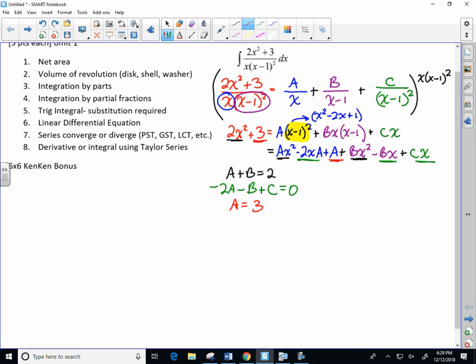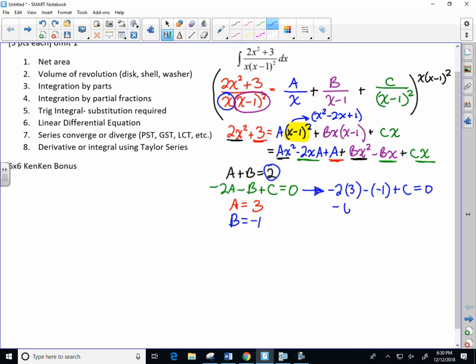All right, so you could use the calculator for this, but it's pretty much solved because we discovered that the A value is equal to 3, which means the B value has to be equal to negative 1 if you're going to get to a 2. So then it really is just a matter of evaluating this one. Negative 2 times 3 minus negative 1 plus C would be equal to 0.